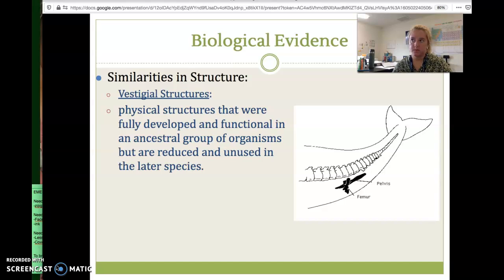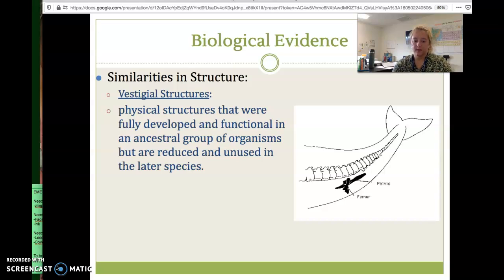There's speculation as to whether our appendix and our wisdom teeth, as far as humans go, are vestigial structures, but they're physical structures that we find in organisms that are fully developed and functional in an ancestral group, but are later reduced and unused in later species. So like our vestigial structure of the coccyx or the tailbone, that was something that our ancestors used, and we have later evolved it. We don't have that anymore.